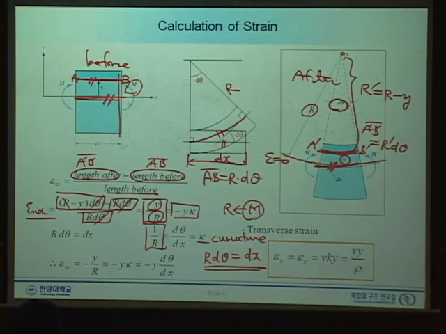Okay? So from here, 1 over R can be defined as d theta over dx.